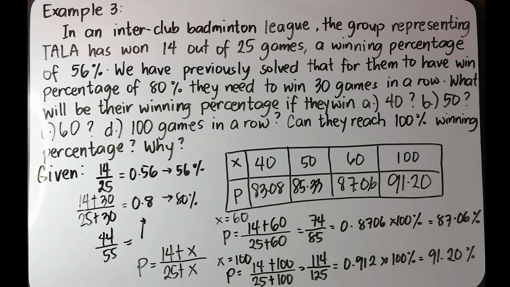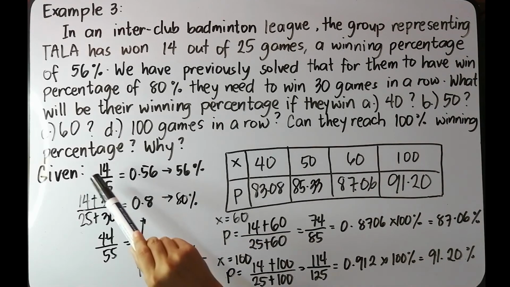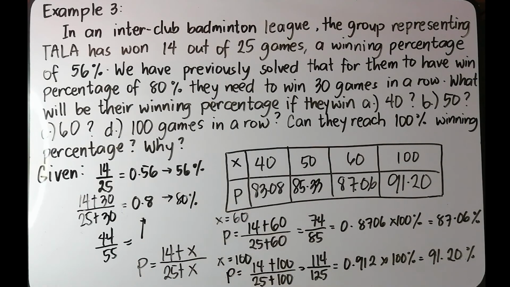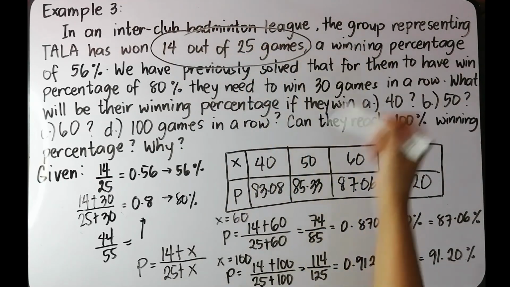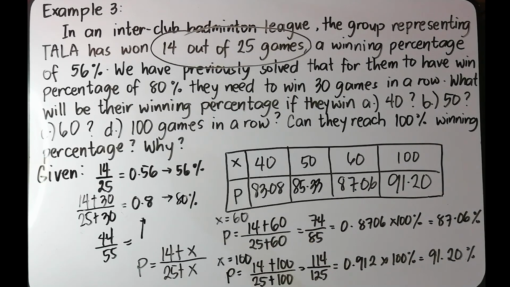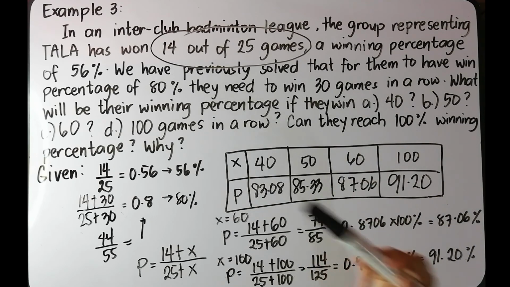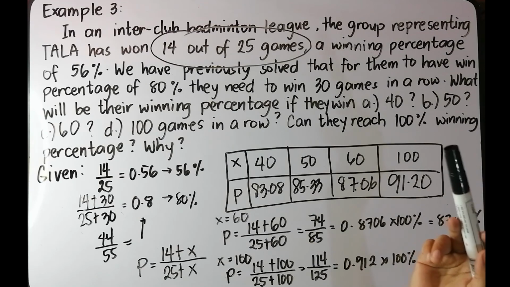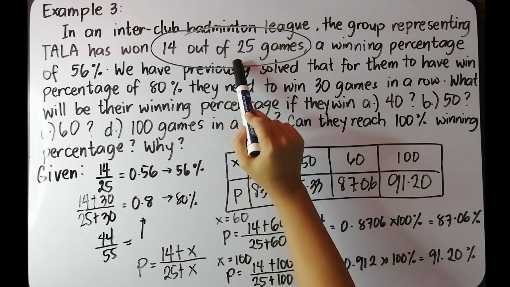So the next question: can they reach 100% winning percentage, and why? The answer is no. Why? Because in this statement, 14 out of 25 games, they have already lost 11 games. So even if they win all the succeeding games perfectly, they still lost those 11 games.